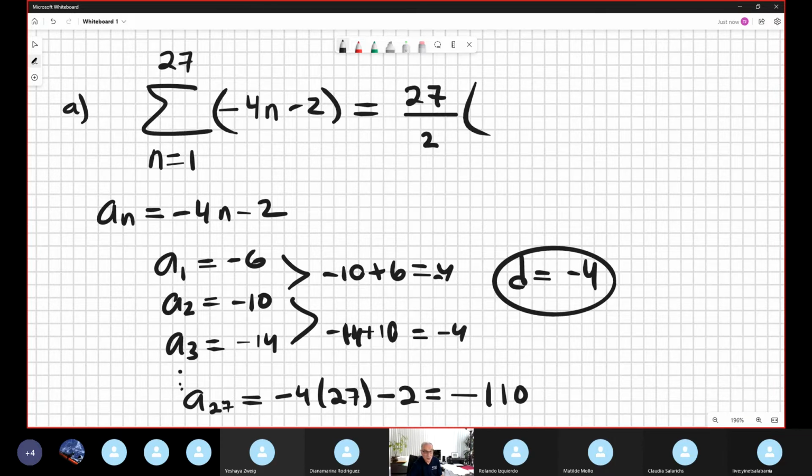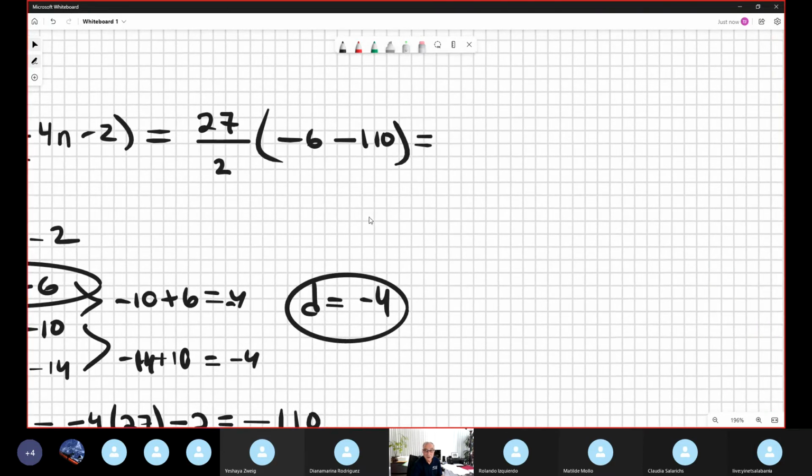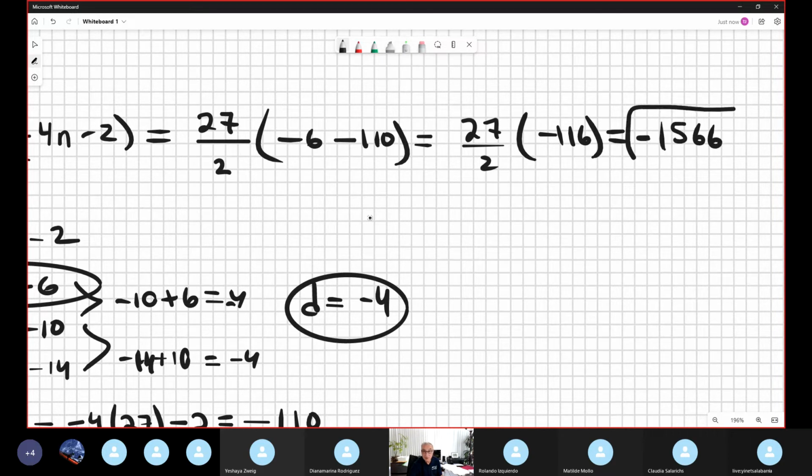And inside the parentheses, we have minus 6, the first one, and the last one, minus 110. You put them together. This is 27 over 2 multiplied by negative 116. And the answer is negative 1566.